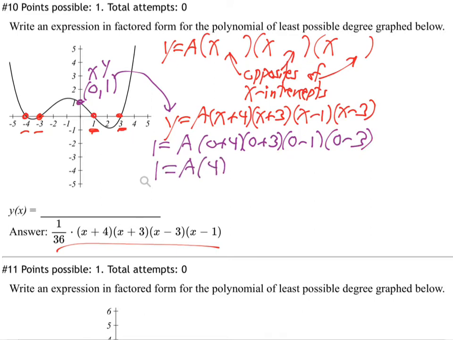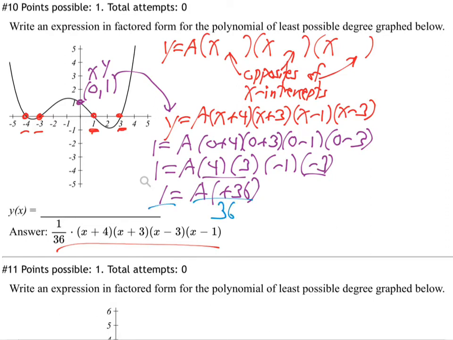That's a times 4 times 3 times -1 times -3. What's that? 12 times 3, 36, and it's going to be positive 36. Finish solving for a. Divide by 36. a is 1/36. So that's what goes in the front. And then there's all the rest of the x's with the numbers next to them, which are the opposites of the x-intercepts.